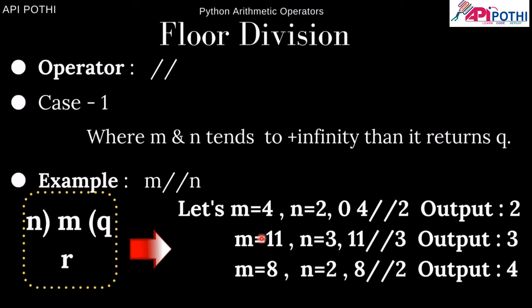Same way, m equal to 11, n equal to 3, 11 floor division 3, q equal to 3, remainder equal to 2. But here we are not interested in the remainder, only in q, the quotient.